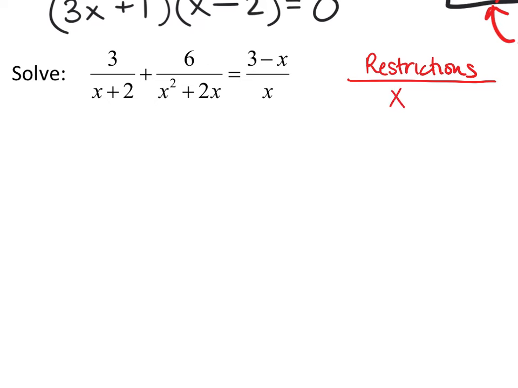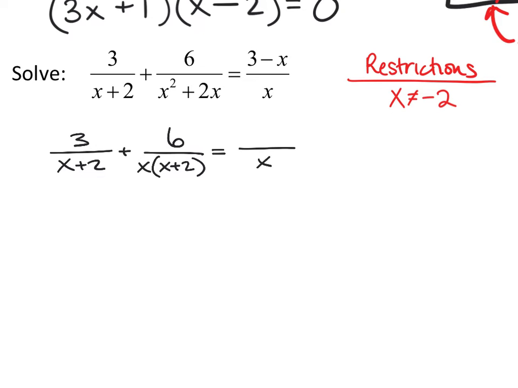Very obviously, the first term has x plus 2 as its denominator, so x cannot be equal to negative 2, or else it would be 0. For the second term, we don't know yet exactly what x cannot be equal to because it's not properly factored. But it just has a GCF of x, so if you take one of those x's out, you will see that its denominator is just x and x plus 2.